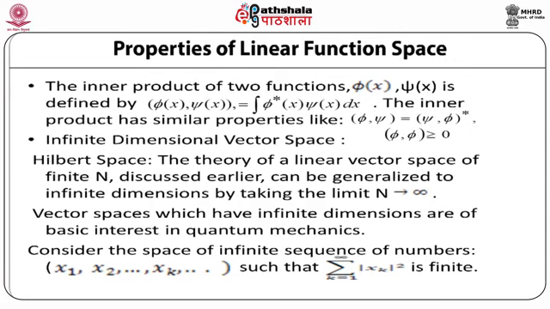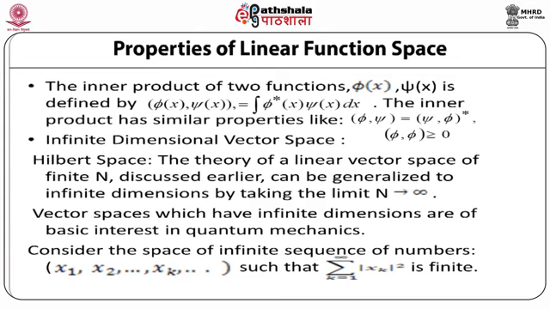One, it is commutative. So if we have two functions phi and psi, then the scalar product of phi and psi is equal to the complex conjugate of the scalar product of psi and phi.